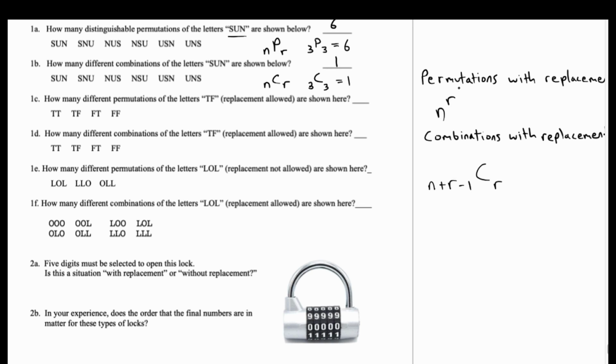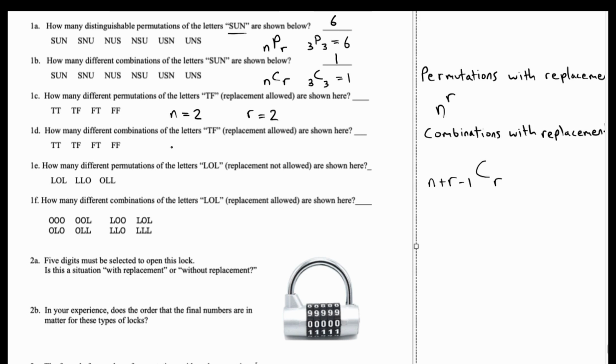for 1C and D. Okay, what do we think n is for 1C? It is 2. Yes, there are 2 objects being selected from. What is r? It is also 2. Yeah, because we're picking 2 of them. Our final permutations have 2 objects in them each, so r is 2.